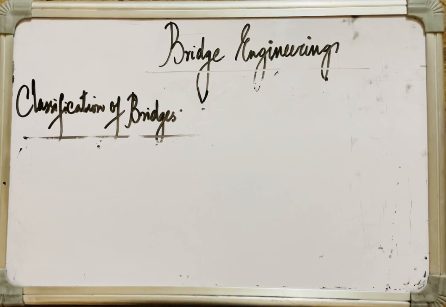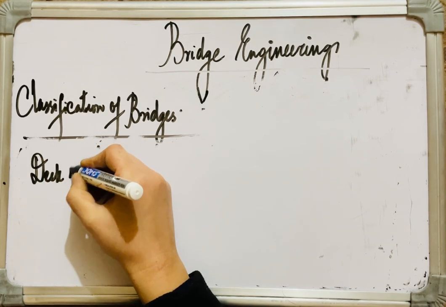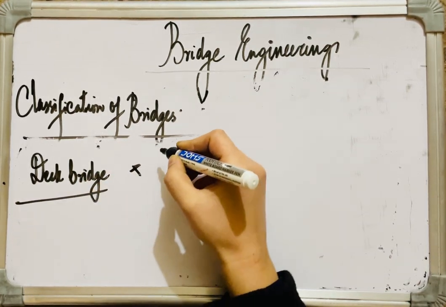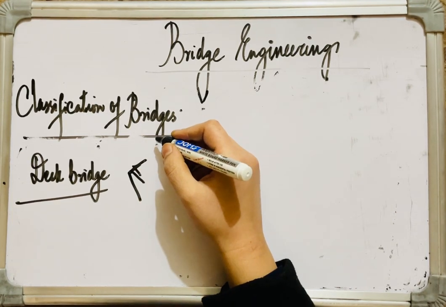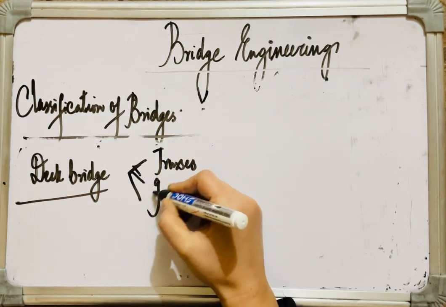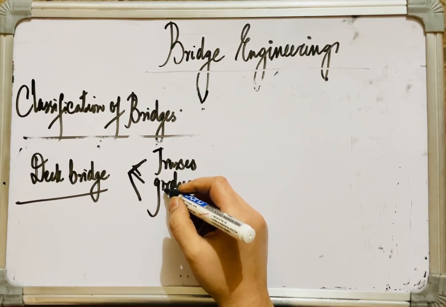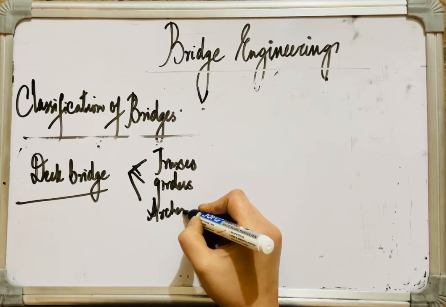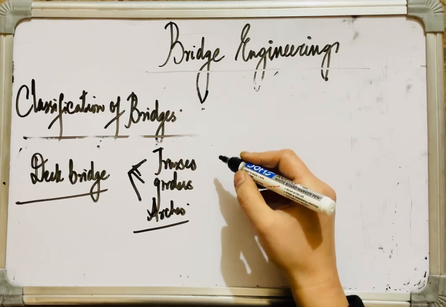All the trusses, which essentially support the bridge deck, can be trusses or maybe girders or maybe arches, whatsoever we are employing to support the bridge decking above. If they lie below the bridge deck, then the bridge is known as the deck bridge.